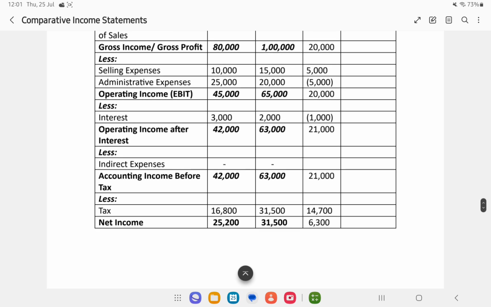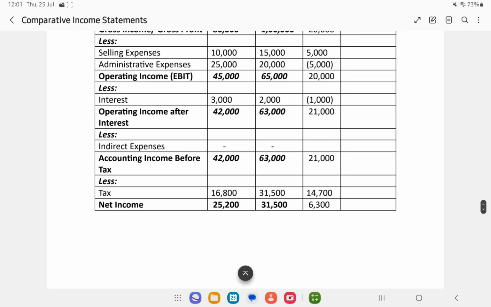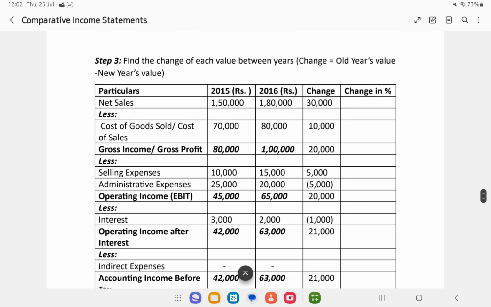So we saw everything. There were just negative changes. Only these two things have decreased, everything else has increased. That's what we found here. This is the third step of preparing a comparative income statement. By doing this itself, you have almost done what you need to answer the question.